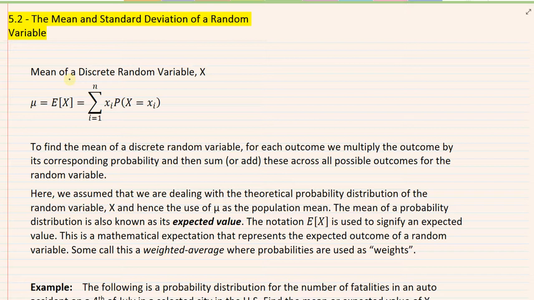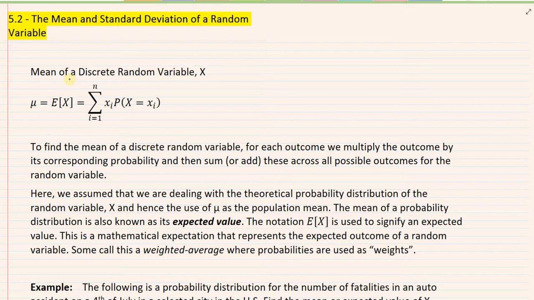Now, no one defines what a long period of time is. Theoretically, it's infinitely many. So it's just over a very, very long, stretched out period of time.